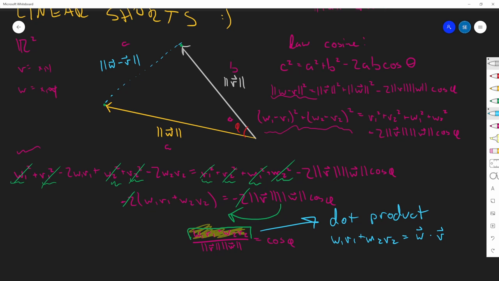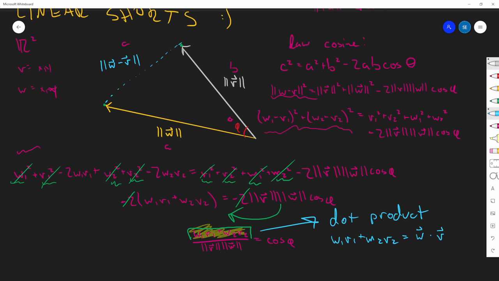And this will hold true in every dimension. The only reason why we did R equals 2 is because when you expand it, it becomes much simpler. In a higher dimension, you have to use the binomial theorem and whatnot, but eventually things will cancel out and you'll be left with this same equation.